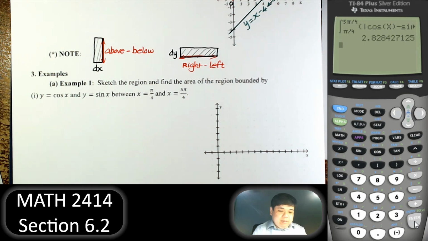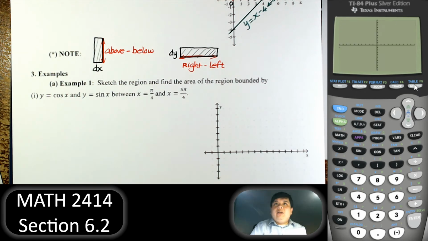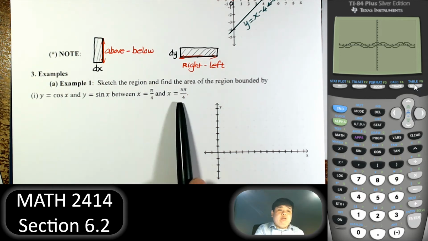But now they actually want us to sketch. So why don't we sketch? y equal to cosine of x, and then y equal to sine x. That's nice and all, but it doesn't tell us much. If we want to graph it perfectly, it looks like we go from pi over 4 to 5 pi over 4.